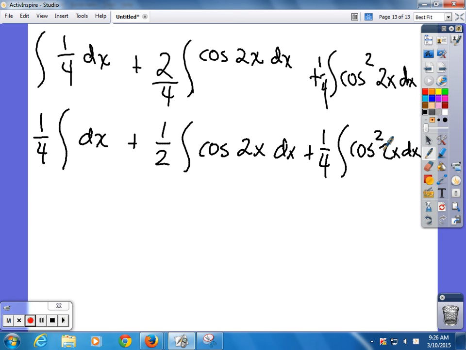The derivative of 2x is 2dx, so you're going to need a 2 in the second one, and you're going to need a 2 in the third one.